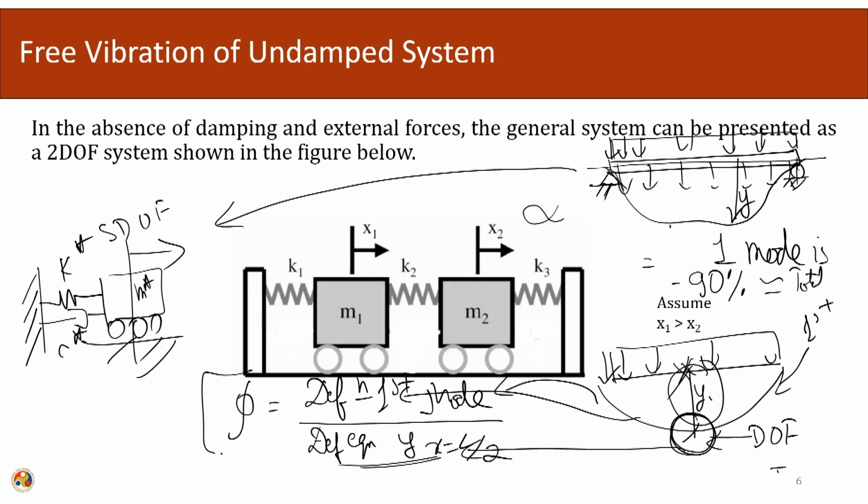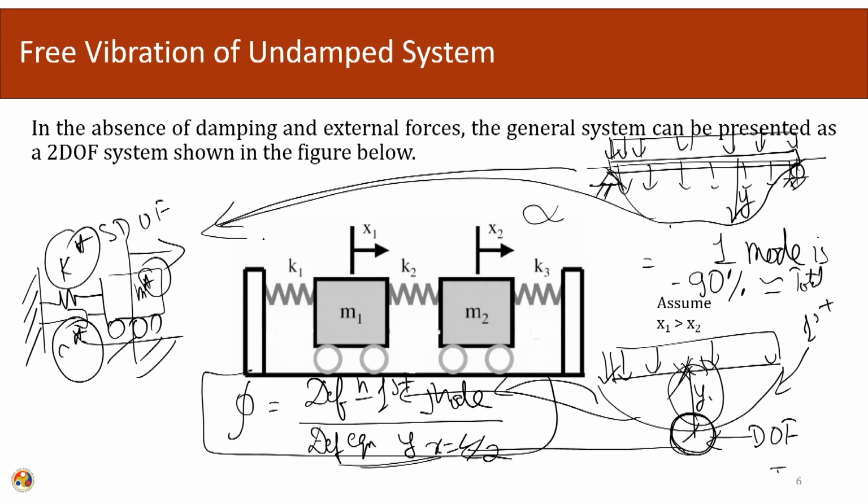This constitutes our shape function. From this shape function we calculated our equivalent mass, equivalent stiffness and equivalent damping, and we changed from the real life scenario into an approximate single degree of freedom system analysis.